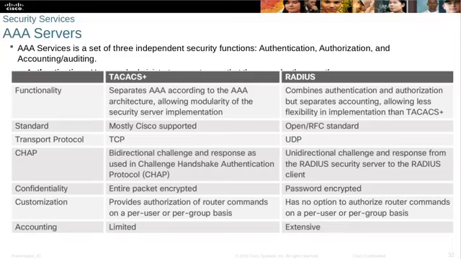AAA, authentication, authorization and accounting. Authentication, who are you? Normally via a username and a password. Authorization, what are you allowed to do? And accounting, what have you done? Typical AAA servers would be, for instance, RADIUS, the Remote Authentication Dial-In User Service, or Cisco's TACACS, Terminal Access Controller Access Control System.